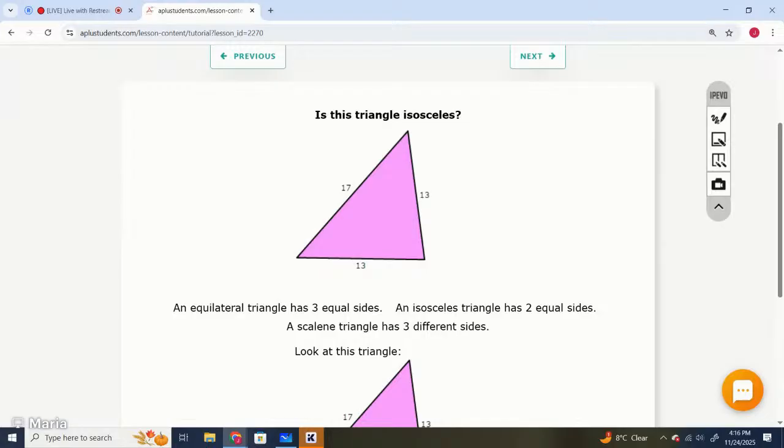An isosceles triangle is the one that has two equal sides, and a scalene triangle has three different sides. The example we're on right now has two equal sides, so that would be the isosceles triangle.